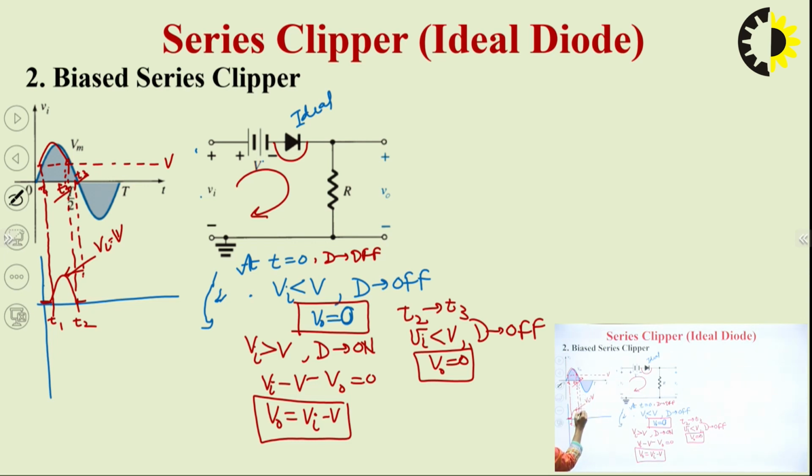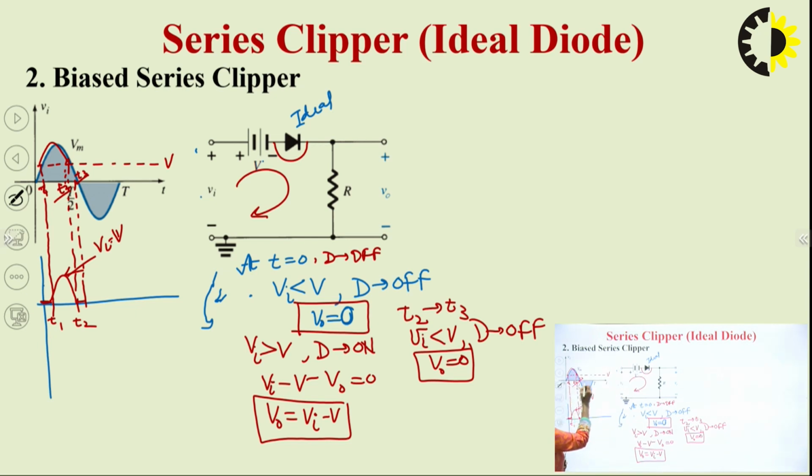You can see we are drawing the waveform at every instant of time, because every instant of time the position of the diode is changing, means sometimes it is forward bias, sometimes it is reverse bias, depending upon the input voltage. If the input voltage is greater than your transition voltage, then diode is in an on state, and if it is less than transition voltage, then in that case diode is in an off state.